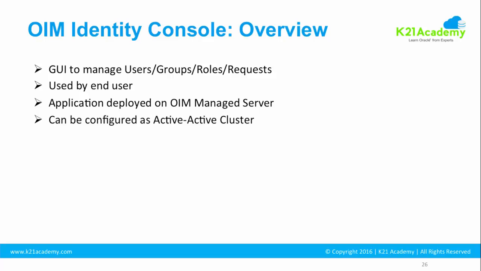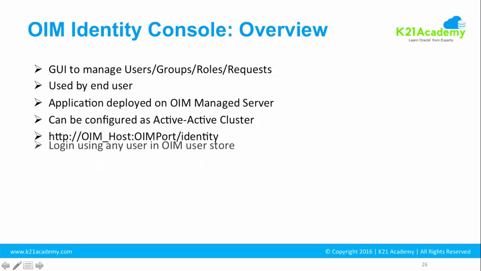Since you're deploying the Oracle Identity Manager application, or identity application, on an OIM managed server, this application supports active cluster, and the URL is usually HTTP, then your OIM host, colon, OIM port. The default port number is 14000 and then /identity.